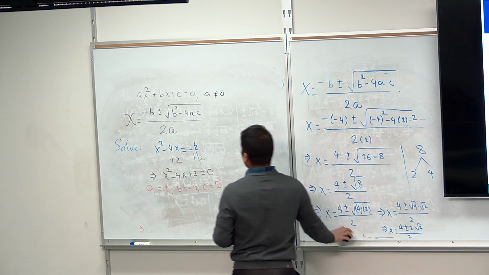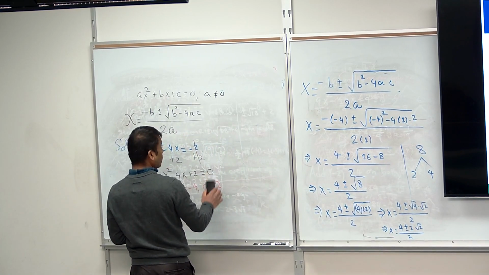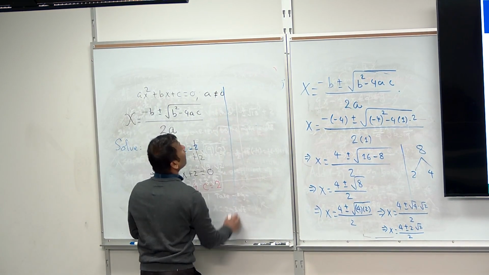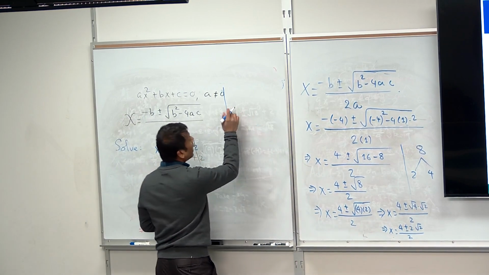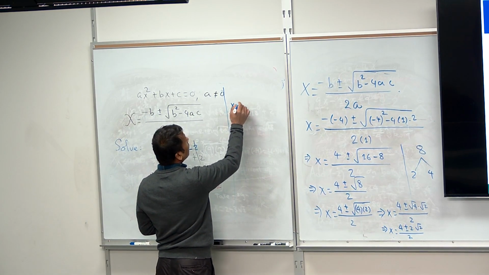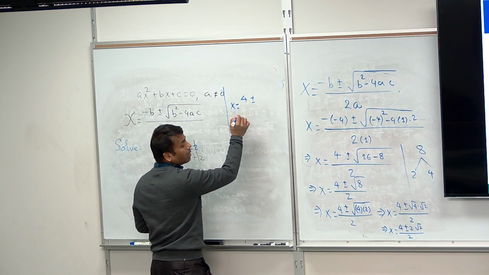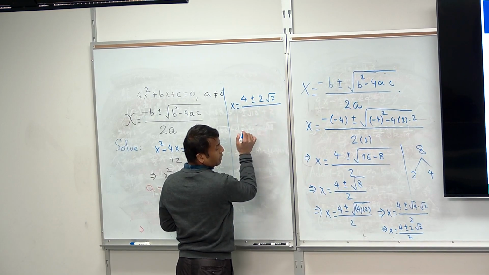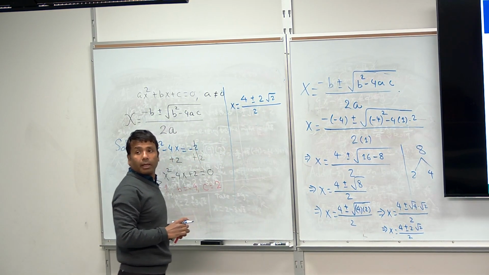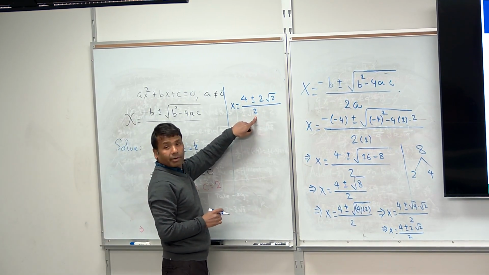So let me copy this here, okay. Are you guys with me so far? Okay. So I have x equal to 4 plus or minus 2 radical 2 over 2. And this 2 is the common denominator, right?